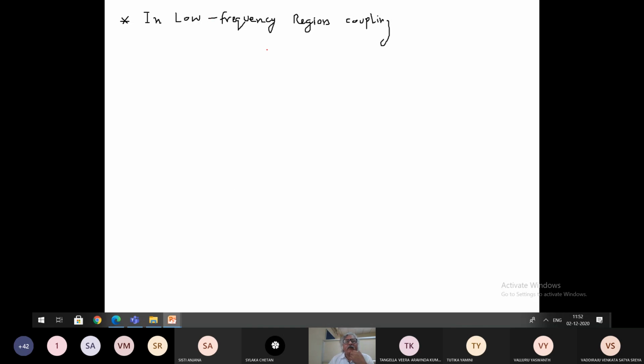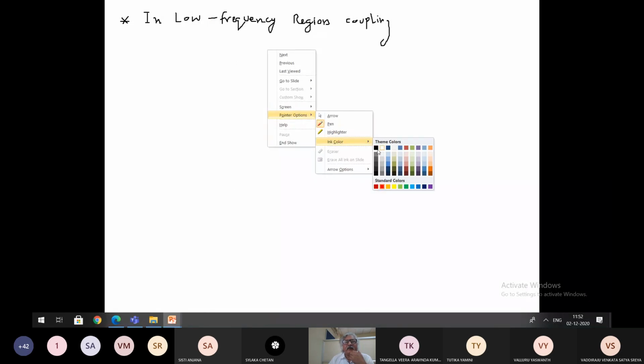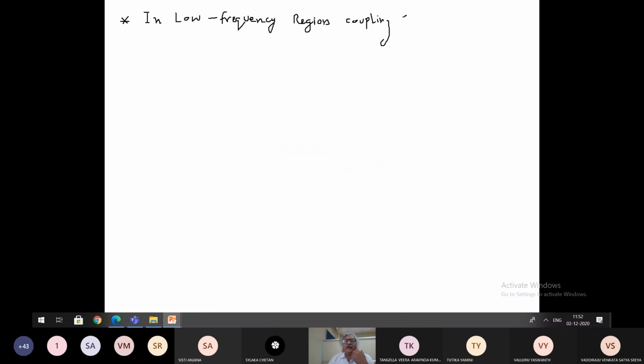So in the low frequency region, the coupling capacitors offer some resistance, right? If you see this diagram, it will look like this.